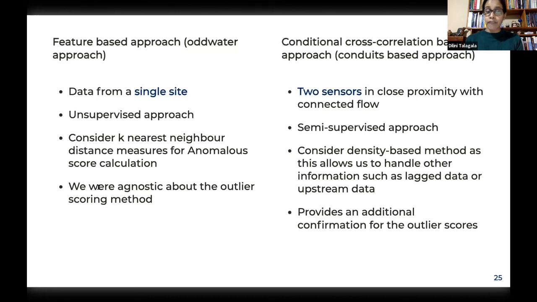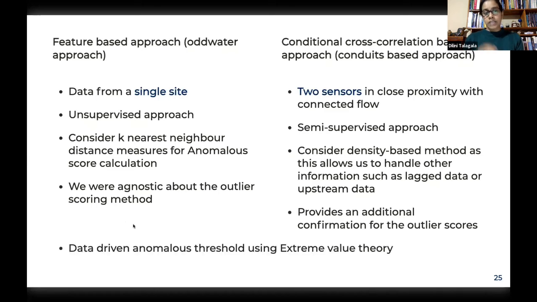We really didn't have any additional confirmation about our detected anomalies. But now in our proposed algorithm, we are using the information coming from a nearby site. So that provides an additional confirmation, an additional guarantee, for our detected anomalies.